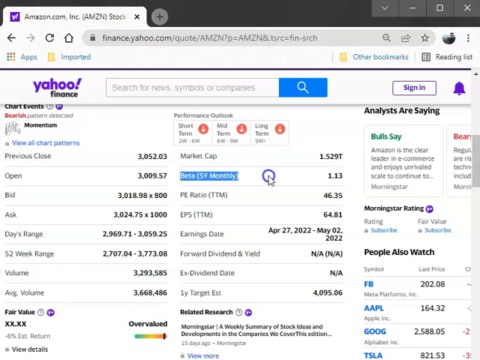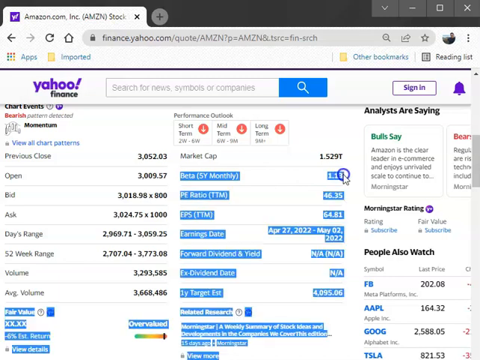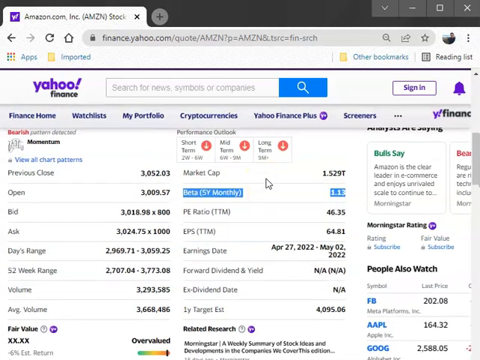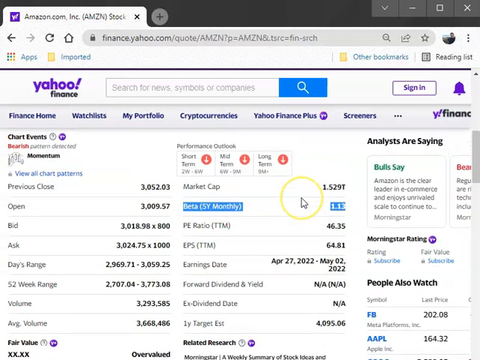So beta is calculated right there, 1.13, and that means by 1 unit or $1 change in the S&P 500, you can expect to have $1.13 in Amazon, based on the past 5 years by monthly data.